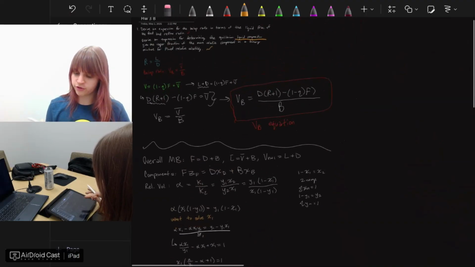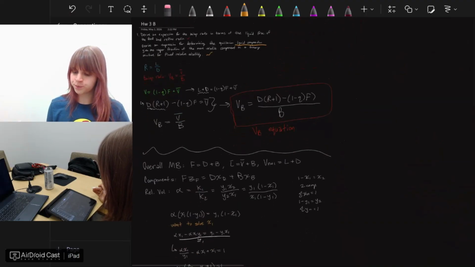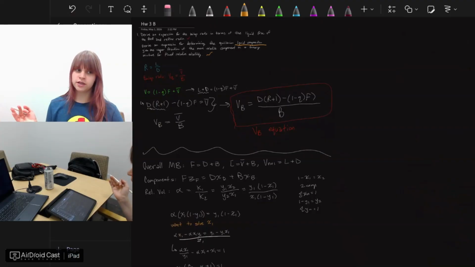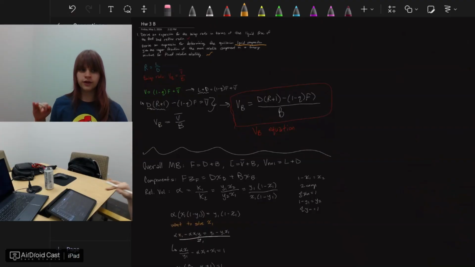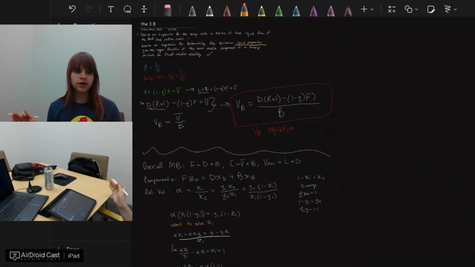And we also did that boil-up ratio. And so now I believe it is time to move on to the coding. So we're going to do McCabe Thiele diagrams for constant relative volatility using a total condenser as we've been using.